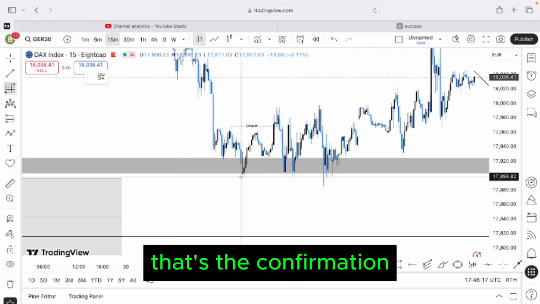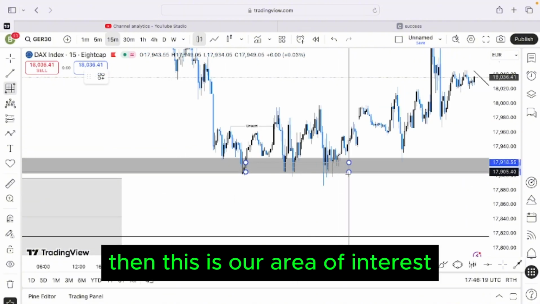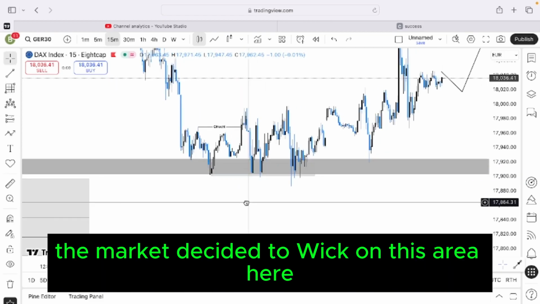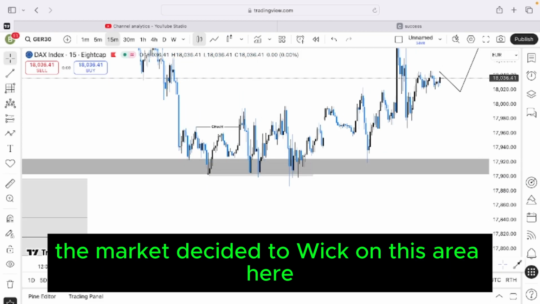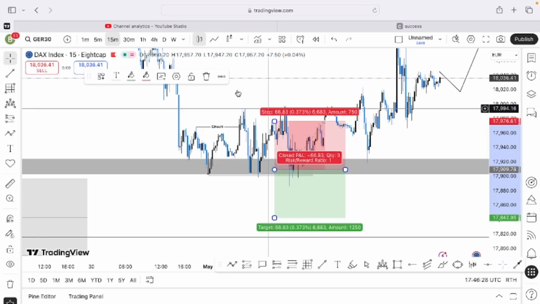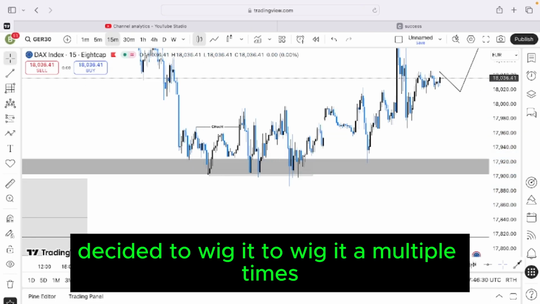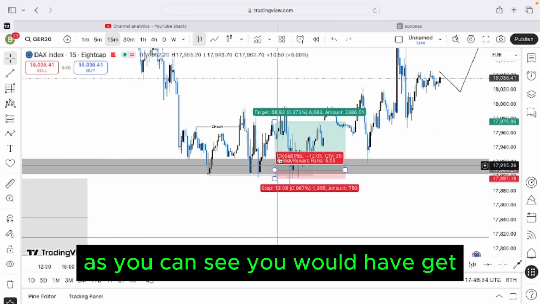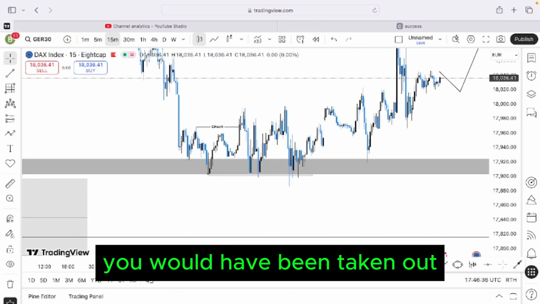That's the confirmation. Then this is our area of interest where we could have taken some nice buys, and as you can see, the market decided to wick on this area here, decided to wick it multiple times.